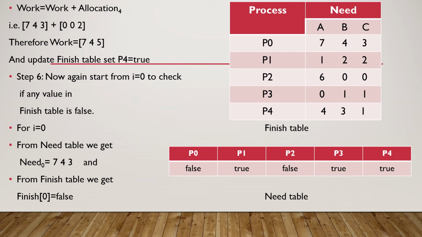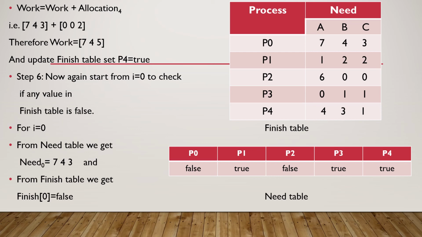Again we will check from P0 to P4 for any value in the finish table that is false, and we have to add that to the safe sequence. So we will check I equal to 0, if its finish value was false.